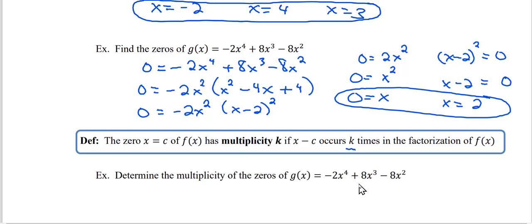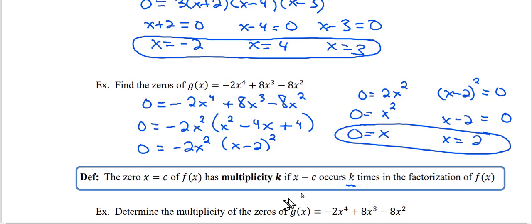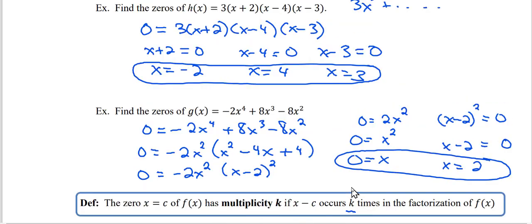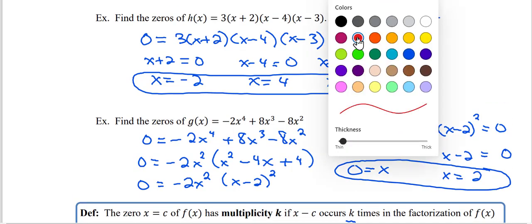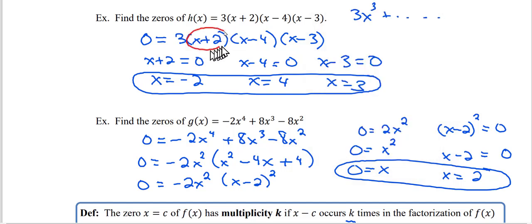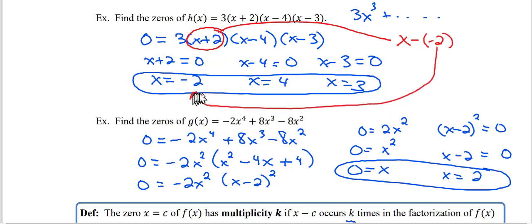The zeros come from x minus that number being in the factorization, right? So let me show you what I mean here. Let's go back up to this one. x + 2, that's really x - (-2), right? And then notice the -2 was a zero. x - 4, right? x - 3 gave us this zero of 3.